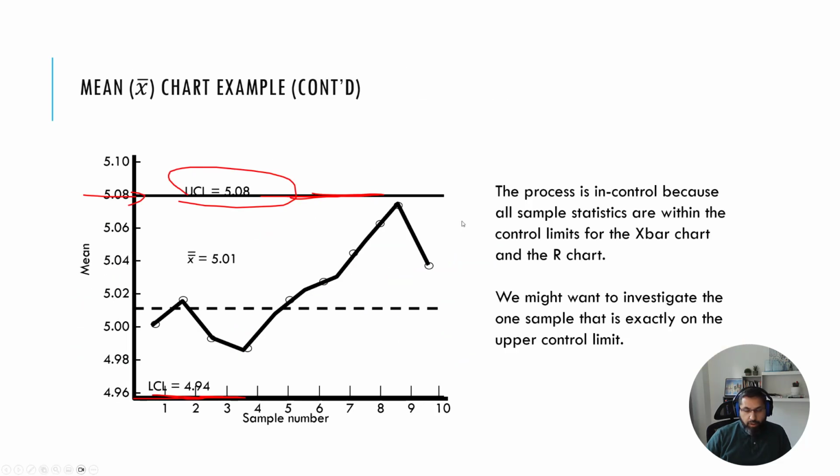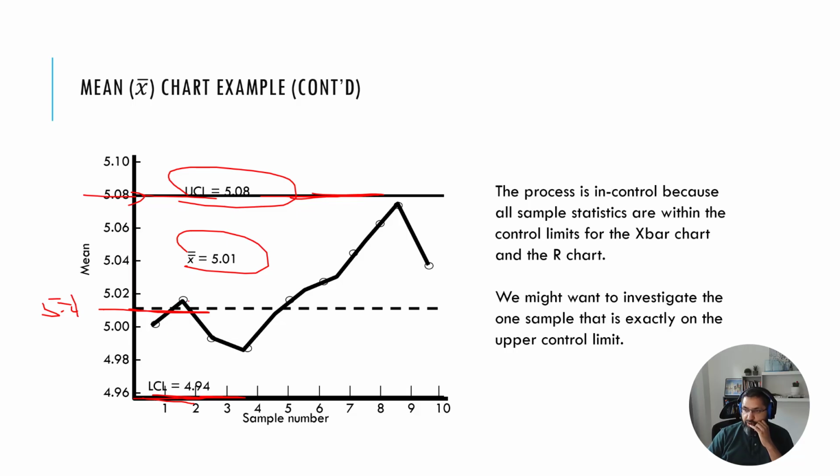Okay, so I fixed some errors in the picture when drawing on PowerPoint. It's not that easy. So you can see that now it looks kind of correct. My lower control limit is 4.94, upper control limit is 5.08, and x bar bar is 5.01 right here, that's my average.